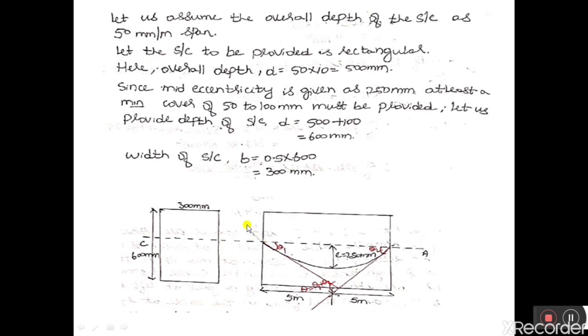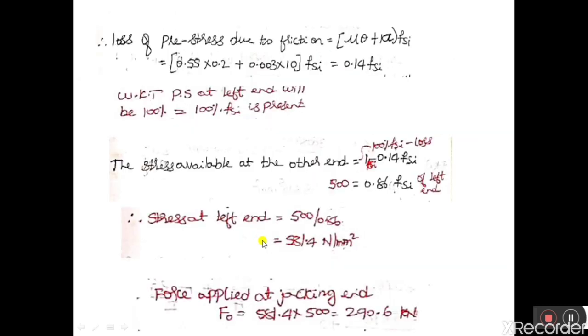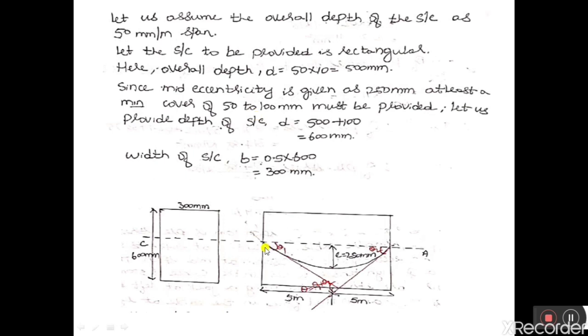The losses of pre-stress at jacking end is 0 due to friction, because there is no friction at this jacking end. So we can tell that pre-stress at left end will be 100%. That is equal to 100% of Fsi is present. So here the pre-stress is full.